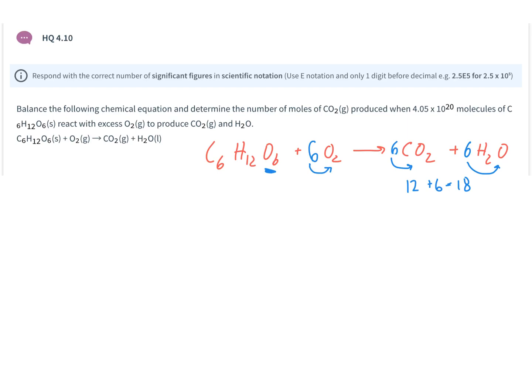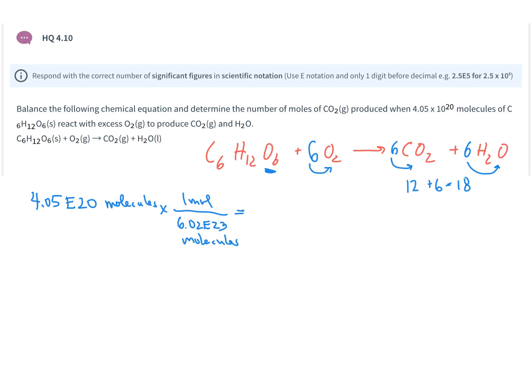Let's see. How many moles of carbon dioxide are produced when 4.05 e to the 20 molecules react? Well, I know for every Avogadro's number of molecules, 6.02 e to the 23 molecules, I would have 1 mole.